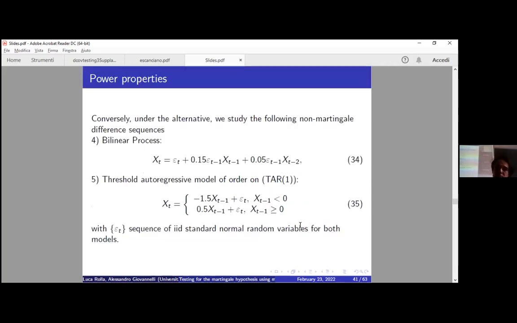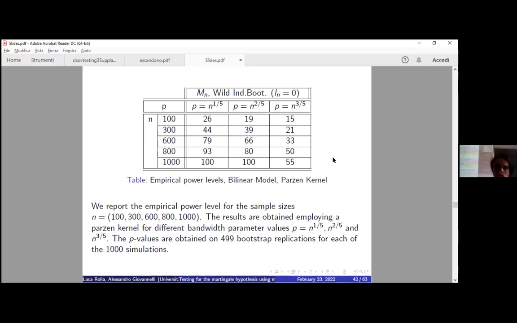Power properties: we discuss a bilinear process and a threshold autoregressive process. This is the case for the bilinear model. You can see that increasing the sample size, you get to the value of 100.